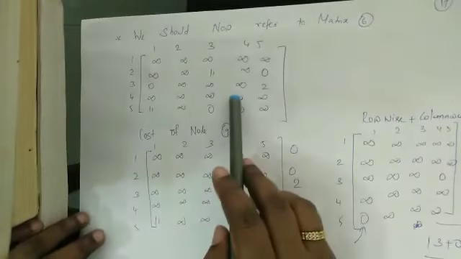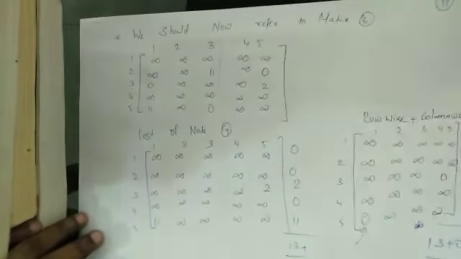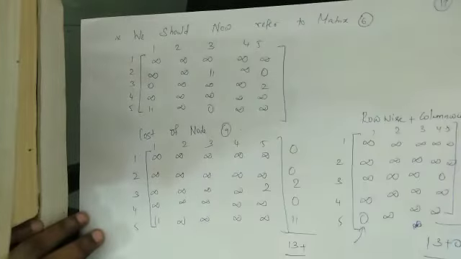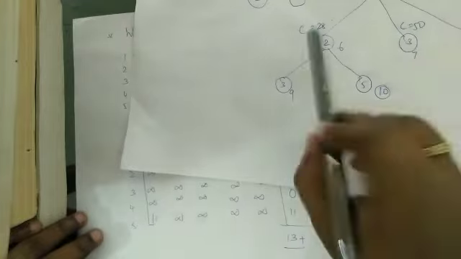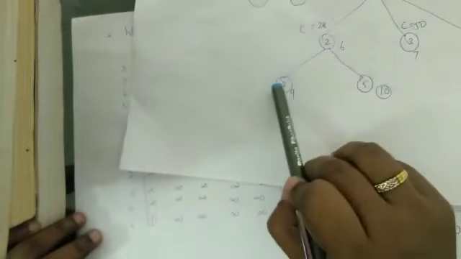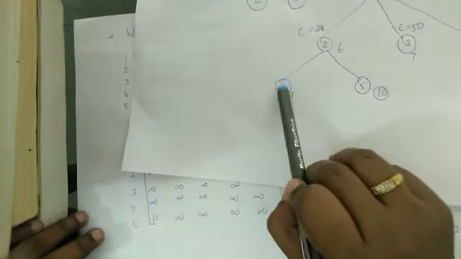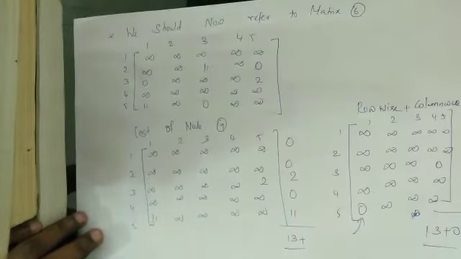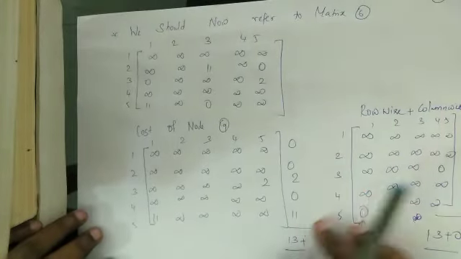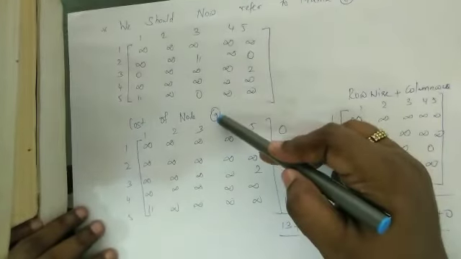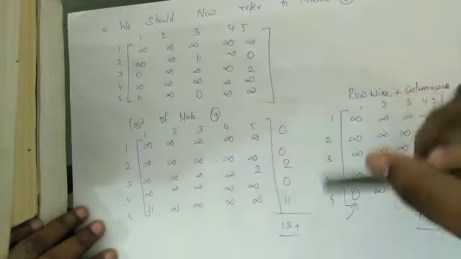So this is the matrix, and since we are interested in finding the cost of traveling from 2 to 3, we need to make the second row elements as infinity and the third column elements as infinity. Also 3 to 1 should be made infinity. So now this is the matrix, and the cost of node 9 is what we are interested in finding.